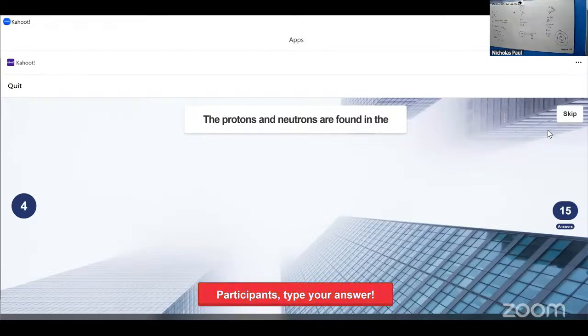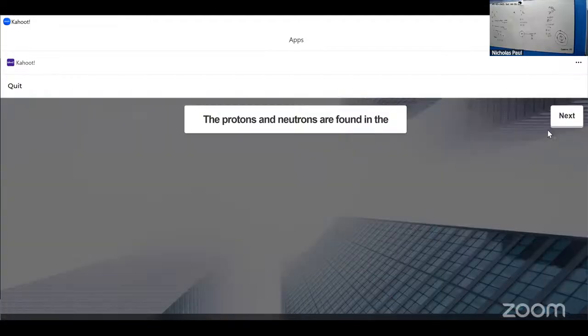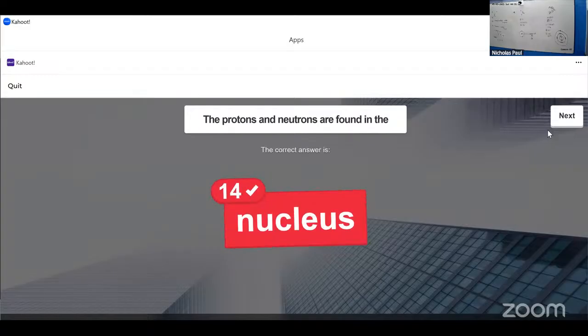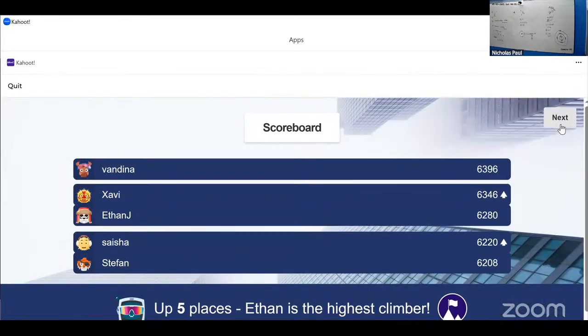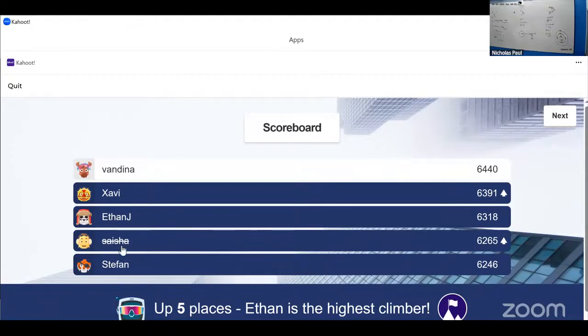Yeah, just spell it all lowercase. I don't know if they'll give it up. Sometimes it's case sensitive. Sorry guys, can you put a capital? And you still get it? Alright, nice.